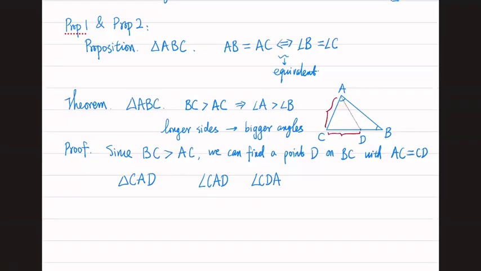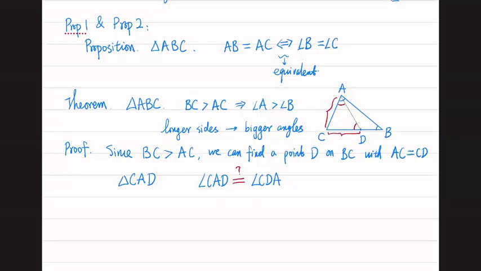Think about it. We want to claim these two angles have the same measures. Why? You could use the ASA again if you like, but there's something already prepared for us to use.